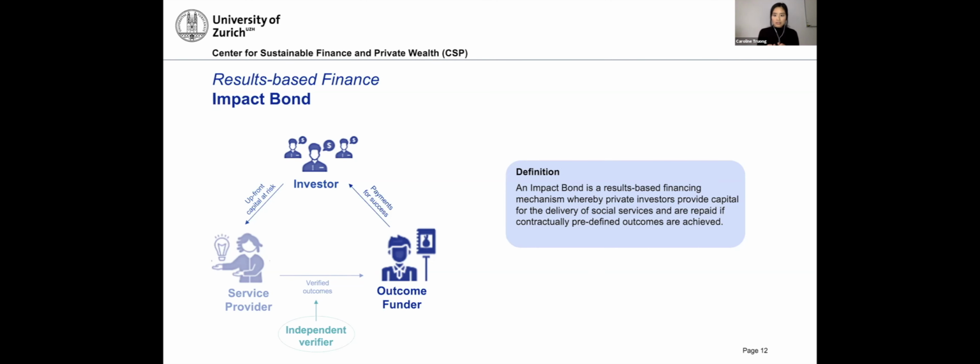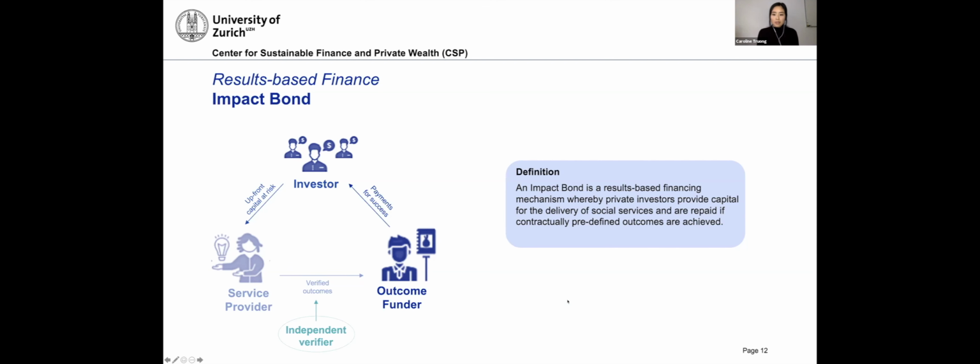The impact bond puts the outcome front and center. So we no longer just build water points, but we want to make sure that they are actually used and also maintained over a longer period.